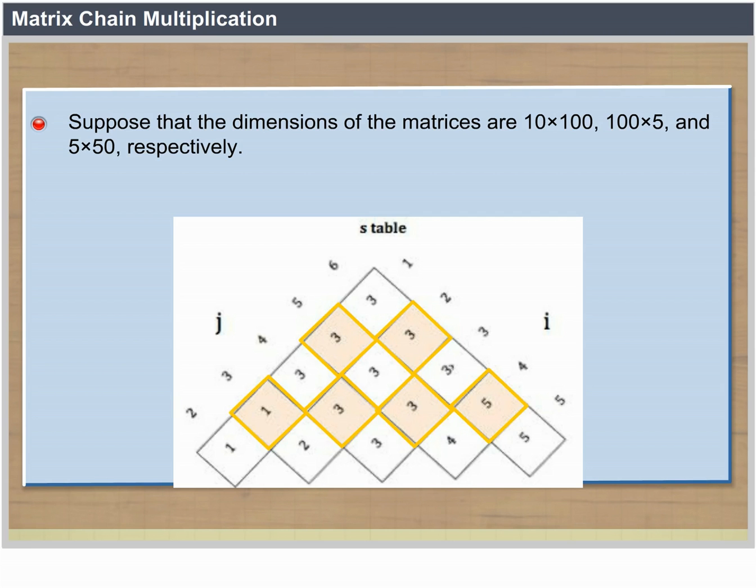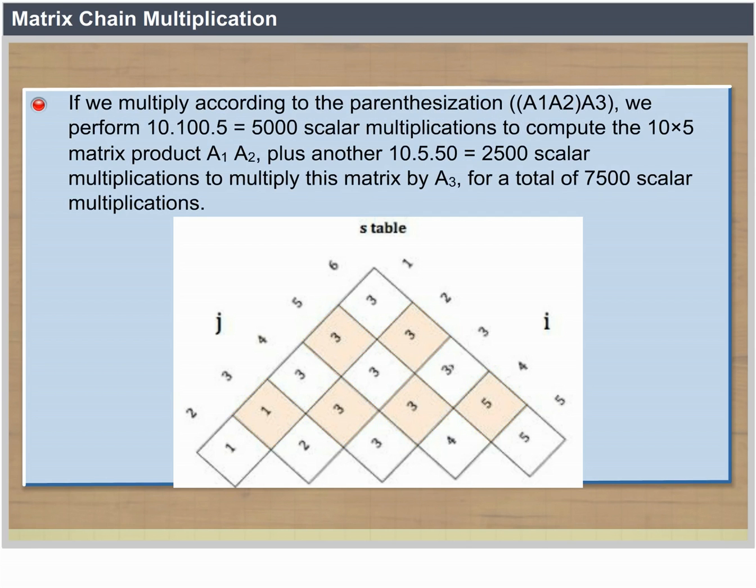If we multiply according to the parenthesization (A1, A2), A3, we perform 10 × 100 × 5 = 5000 scalar multiplications to compute the 10 by 5 matrix product A1, A2, plus another 10 × 5 × 50 = 2500 scalar multiplications to multiply this matrix by A3, for a total of 7500 scalar multiplications.